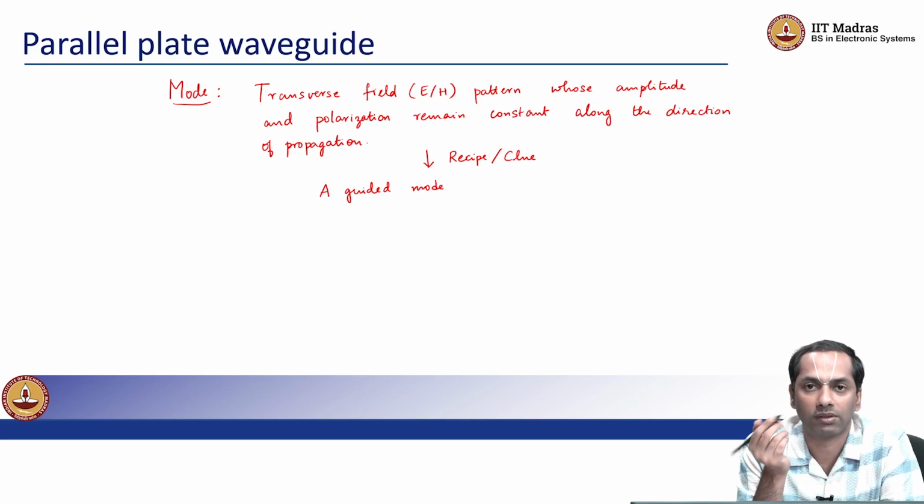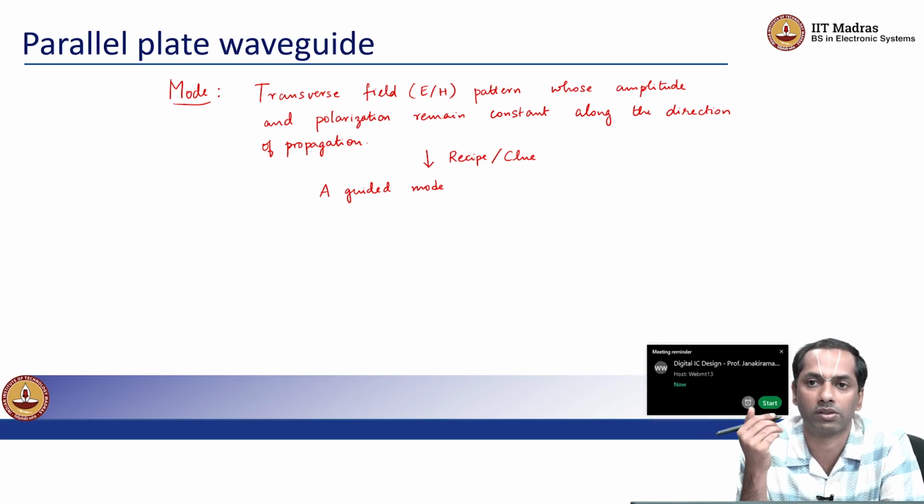So you'll notice that if you did that, subsequent reflections, the planes of constant phase would sort of not line up, right? And you will basically at the end of multiple reflections just see that the electric and magnetic field dies down, right? So you cannot just launch at any arbitrary angle.